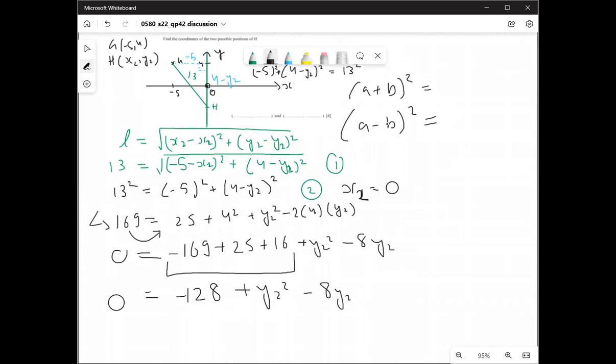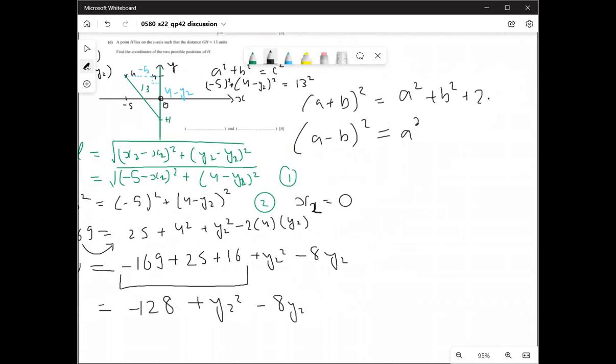Now a plus b square will be a square plus b square plus 2ab. This will be a square plus b square minus 2ab. That is a rule. Now try opening this bracket.